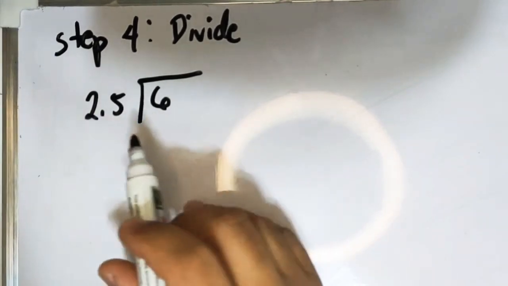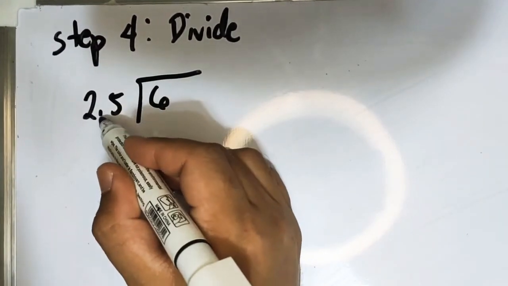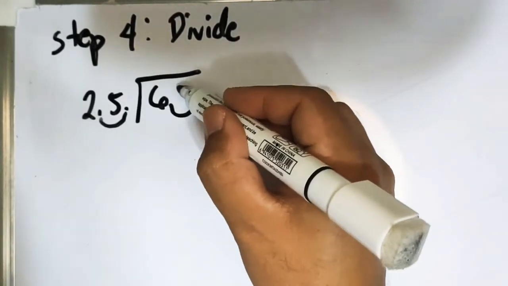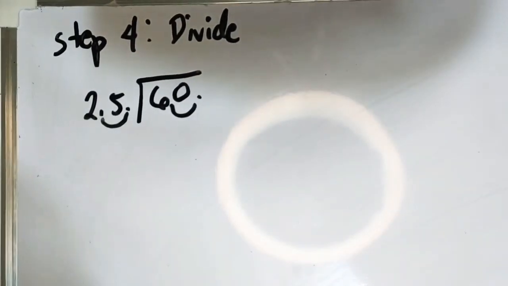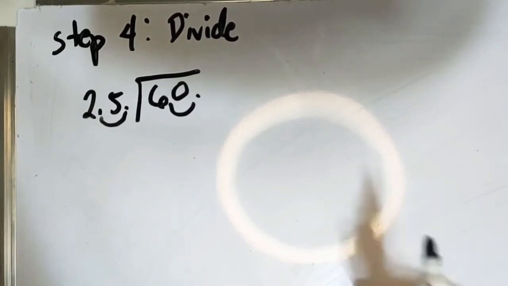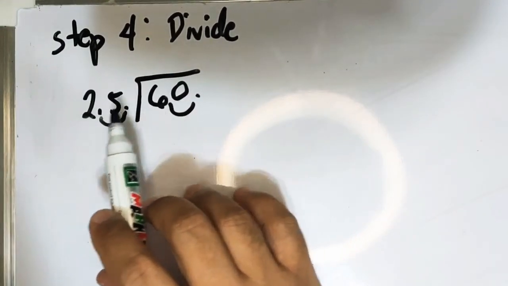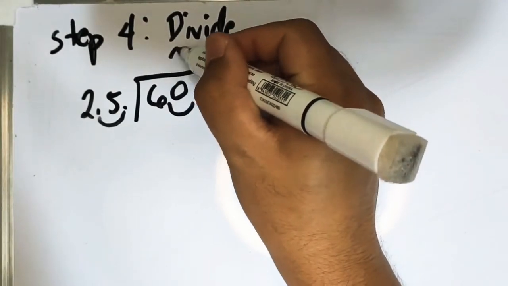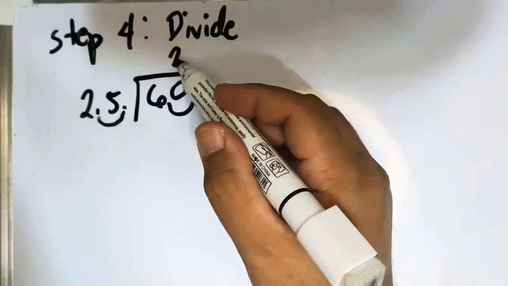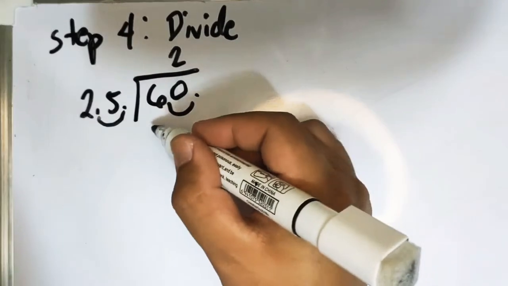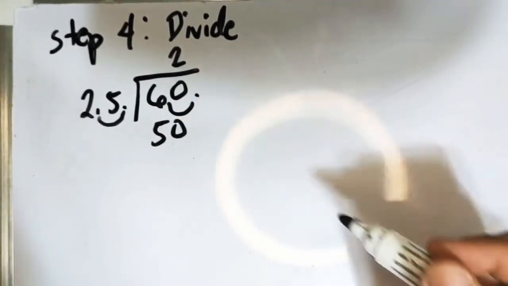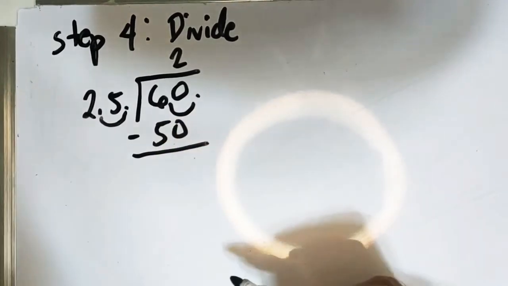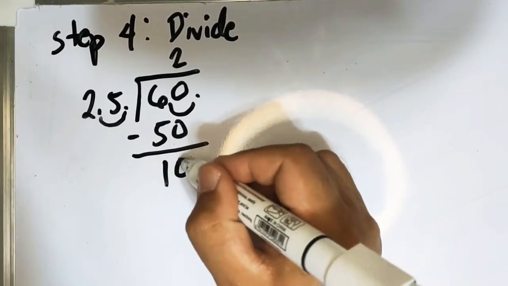Okay, so we have a decimal. So move natin yung decimal point ng 1 place. So dito niyan, we will also add a decimal place. Okay, so we got now 60 divided by 25, and that is 2. And then 2 times 25 is 50. Okay, so 60 minus 50 is equal to 10.